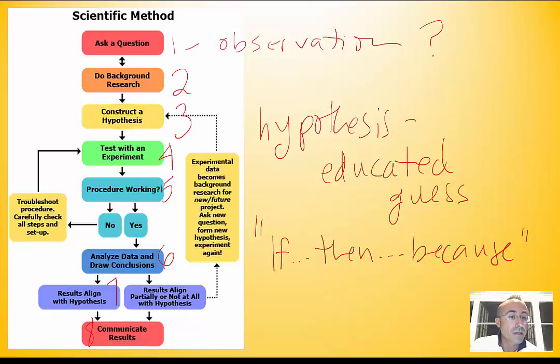Okay? And then the next thing, what happens if those results don't at all support your hypothesis, or actually help reject it? Or if they partially support it and partially reject it, which leaves you confused, really not knowing what caused it or so forth. Well, this is going to be another situation. Results only align partially. So if this is the case, you can do a couple things here.